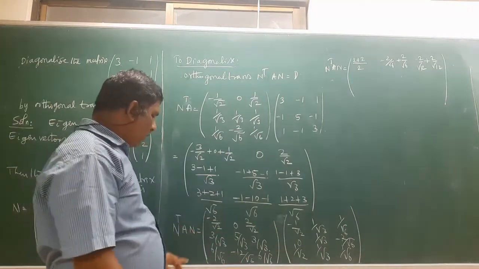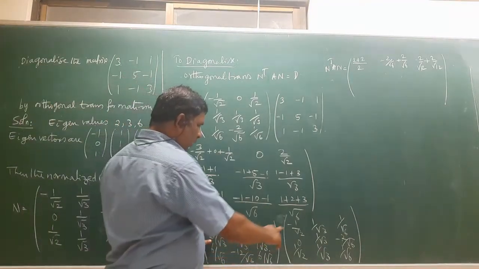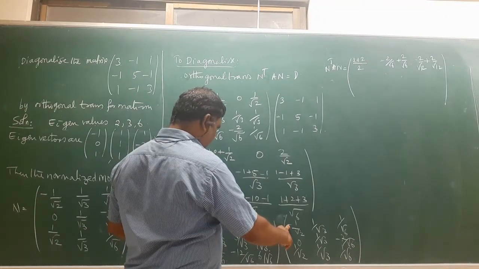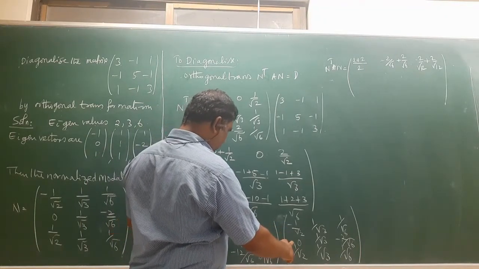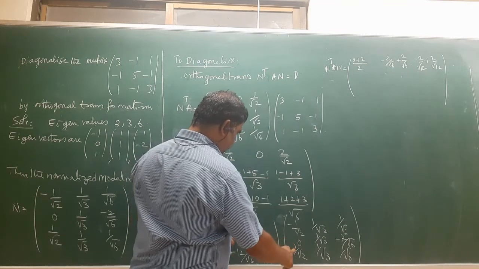What do you get? That is minus 3 by root 6, 0 plus 3 by root 6.